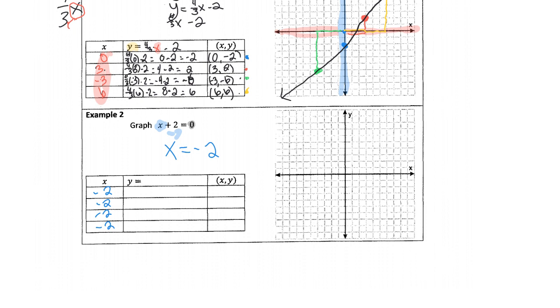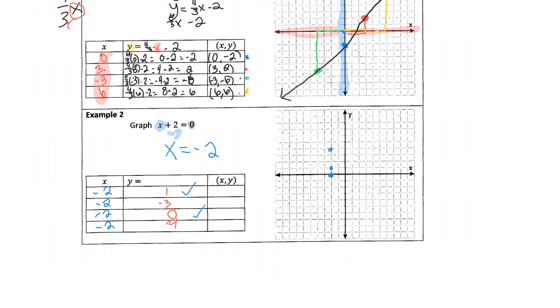So let's say 1, -3, 0, 4. When x is -2 and y is 0, there's that first point. When x is -2 and y is 1, there's the next point. So we've done this one and this one.